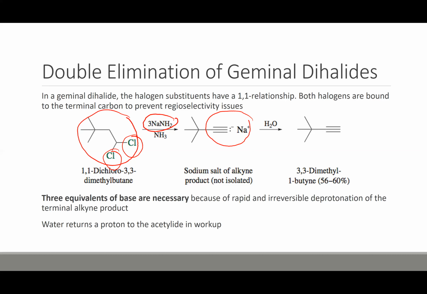If you use all three, you'll make this, and then water is usually added to reprotonate that triple bond to make your final product. So you are required 3 equivalents. There is rapid and irreversible deprotonation, which then has to be followed with addition of water to make your final alkyne.